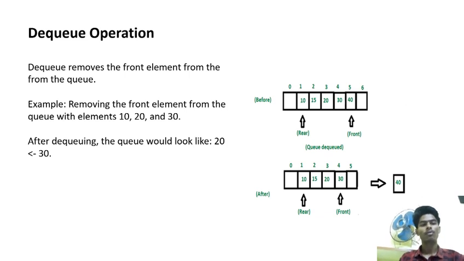From there we remove the elements, which is known as the dequeue operation. Here we can see the example 10, 15, 20, 30, 40. After removing the front element, it becomes 10, 15, 20, 30. Front means the end where we want to delete.